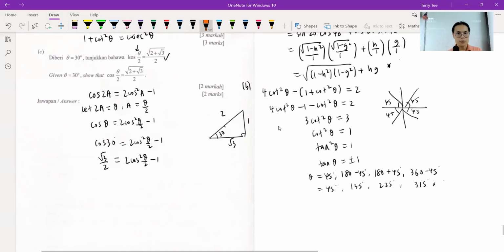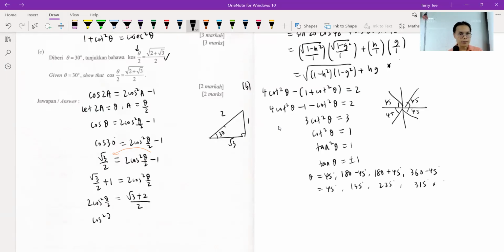So this minus 1 I bring to the left-hand side. I'll get root 3 over 2 plus 1 equals 2 cos squared theta over 2. Now let me combine them first. I put them together as a single fraction, 2 plus root 3 over 2.